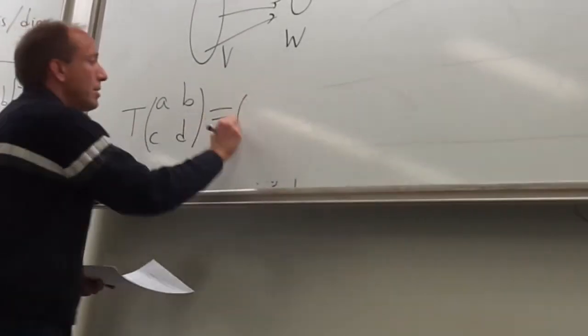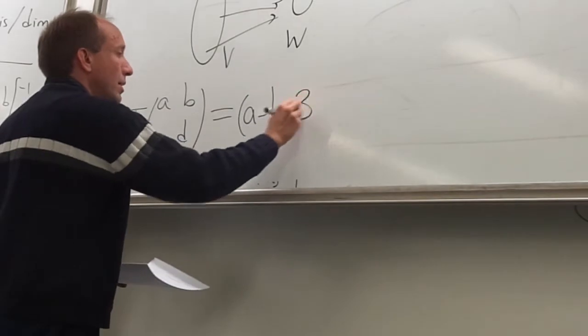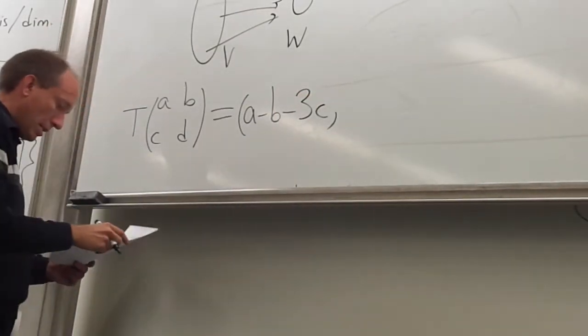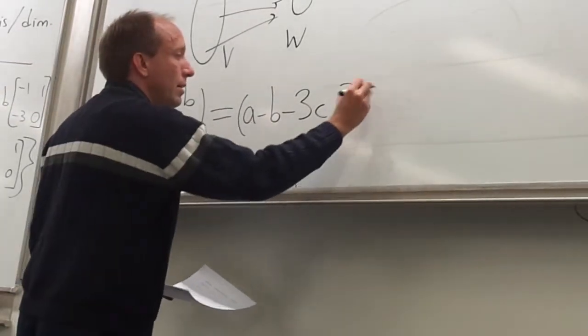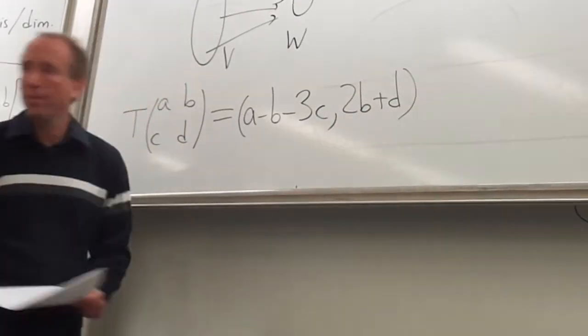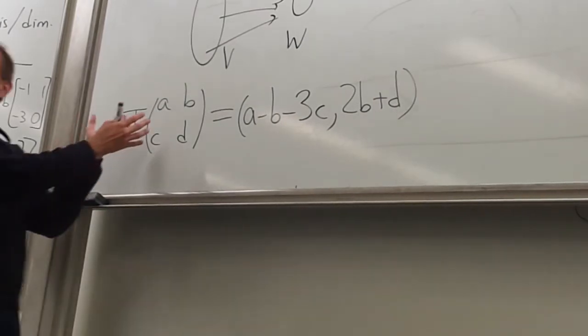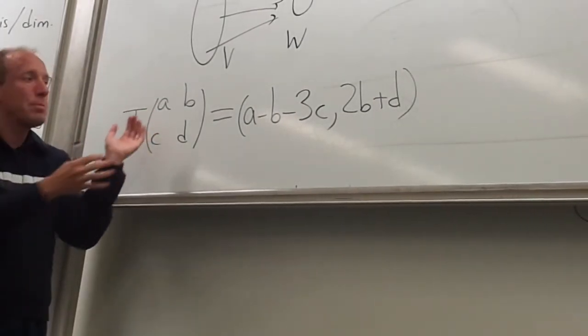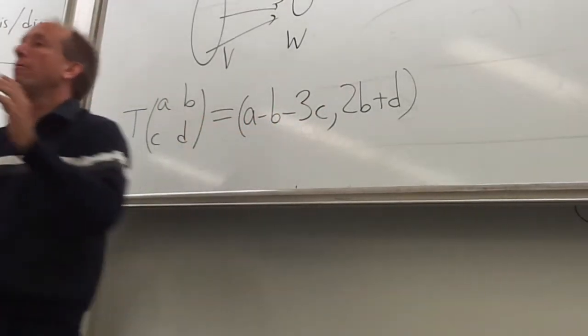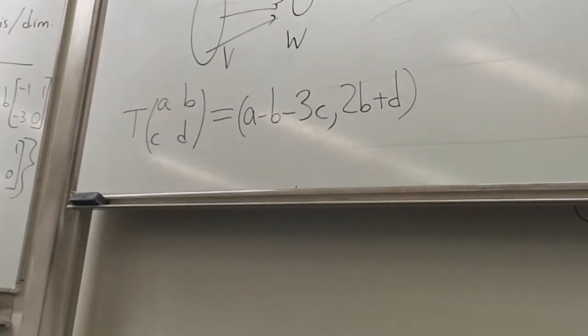I'm going to define it to be A minus B minus 3C, comma, 2B plus D. So I'm inputting a 2 by 2 matrix, and I'm spitting out on the output a vector in R2.